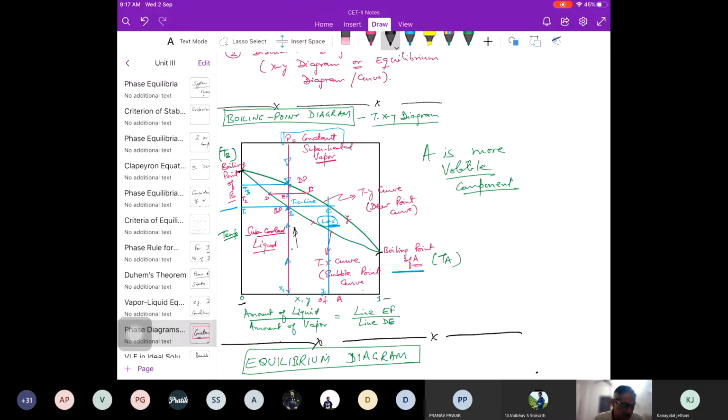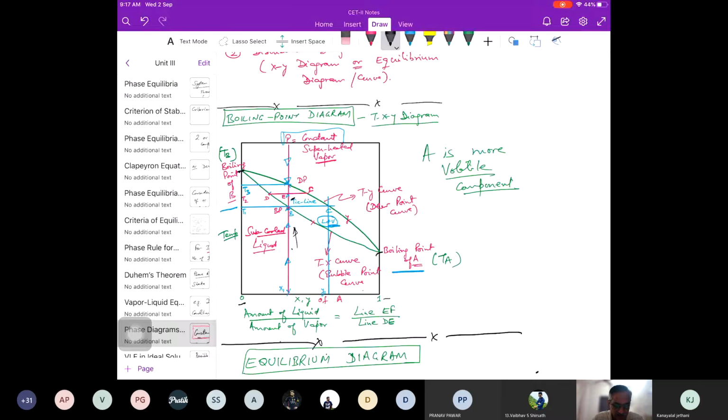And then at the dew point curve, it becomes all vapor. It is completely vaporized at dew point. So it boils between bubble point and dew point. Bubble point where it is 100% liquid, dew point where it is 100% vapor.